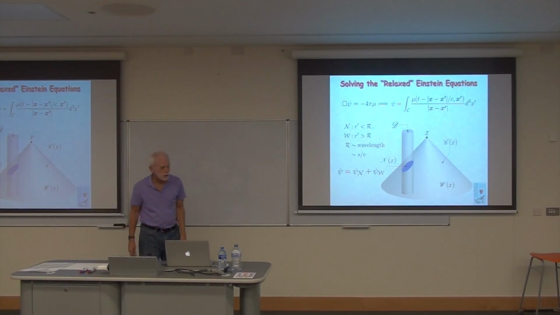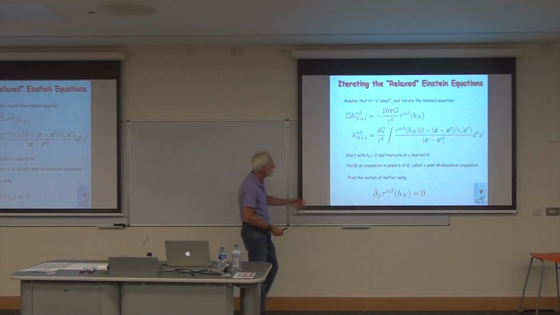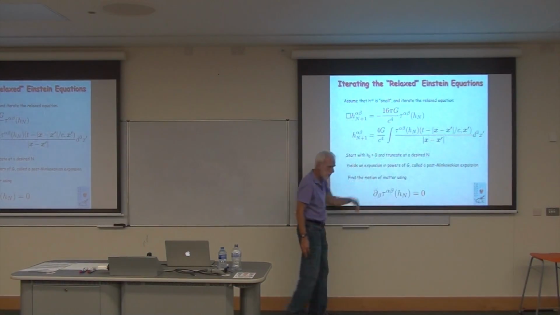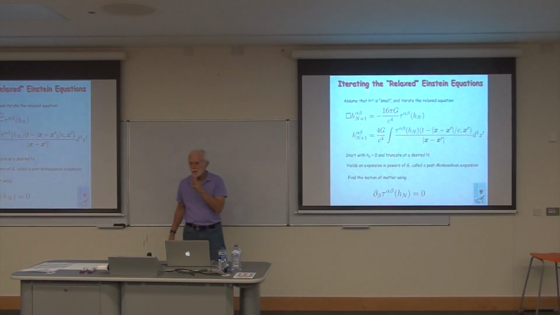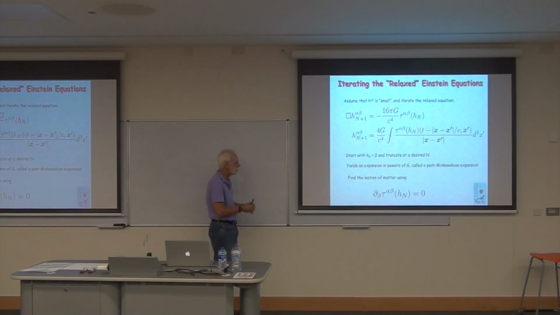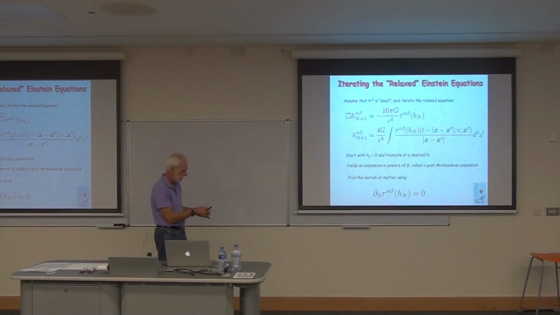So what does this retarded integral look like? You have this retarded integral, it's written down mathematically, but what does it mean pictorially, and how can we sort out how to carry out such an integral when we have, say, a material source of our gravity, such as a binary star system, and gravity itself?